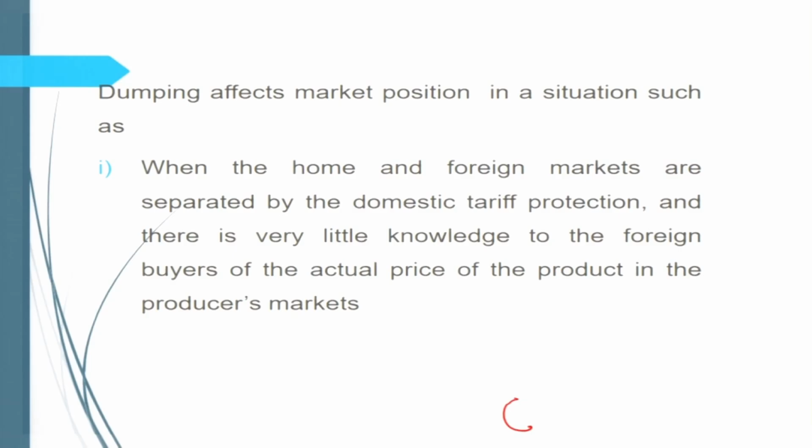So, when there is a difference in the tariff rates, the domestic tariff protection, since the practice of dumping means we are drawing a comparison between the like products that are being sold in the domestic market of that country and the like goods that are being exported, the comparison has to be drawn.